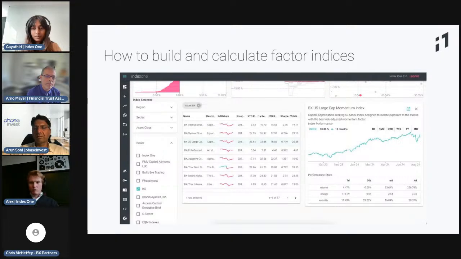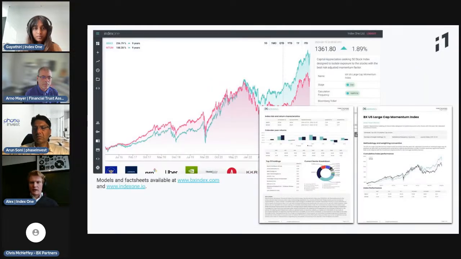So what our tool really does is allows for user-friendly creation of factor indices or factor strategies in relatively simple ways, but also using complex methodologies and pulling in third-party data or client data, such as what Arun and Arno have developed, to build these indices, run back tests, and maintain them over time.